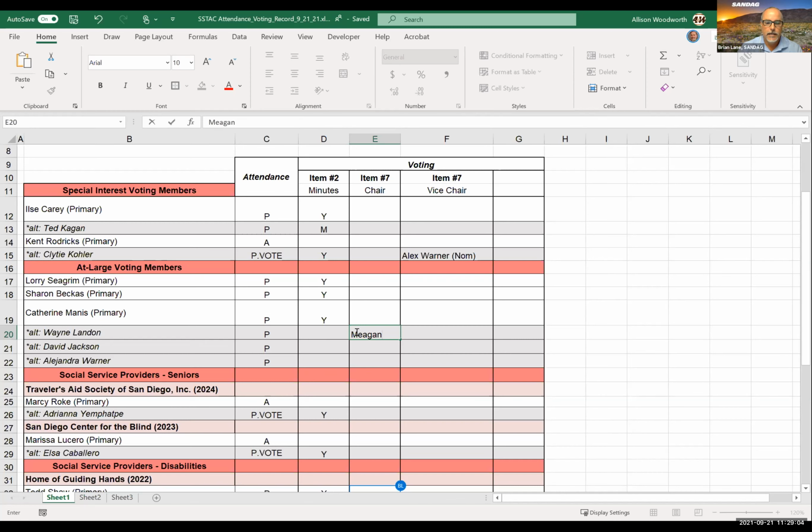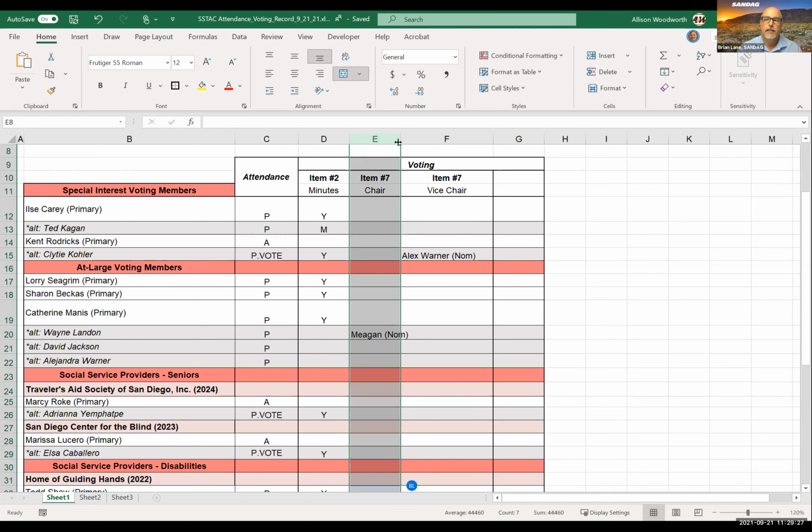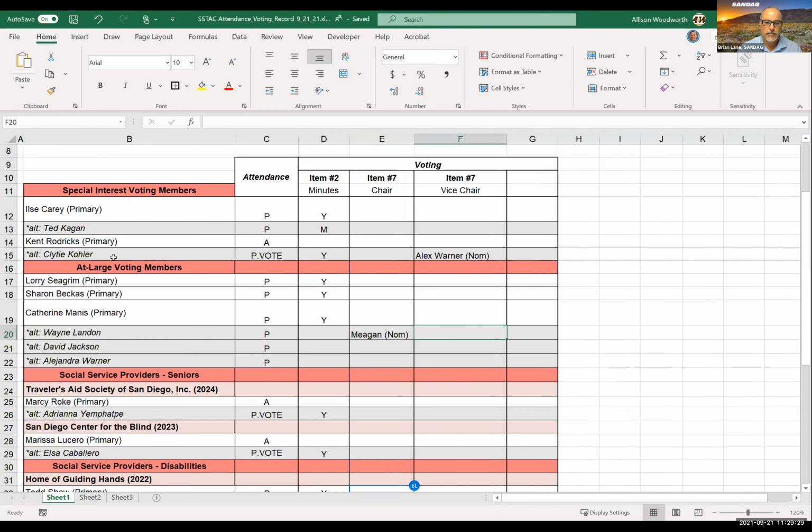So, Allison or Ashley, did you get who did the motion and second on the chair? I didn't get who, Wayne, correct me if I'm wrong, you were the nomination for chair, but who was the second for that? Is it Robert? It was Jay. Ted Kagan was second that motion. Oh, Ted, my bad. That's fine.